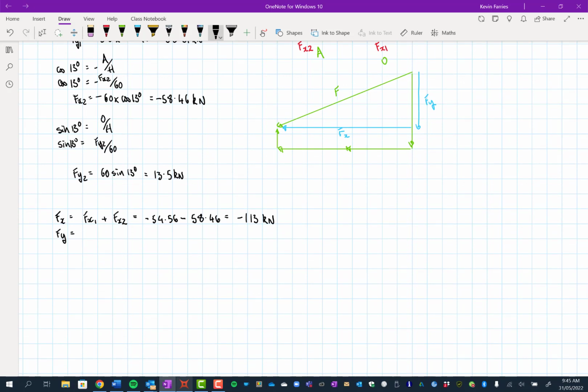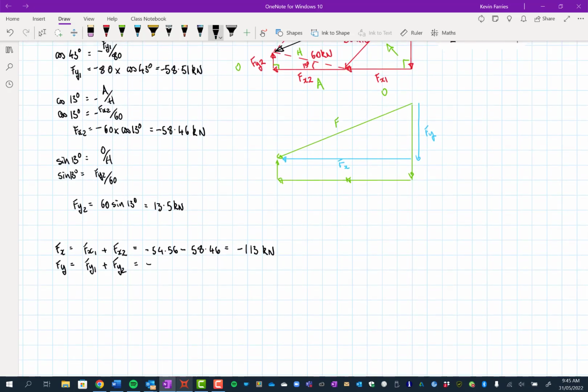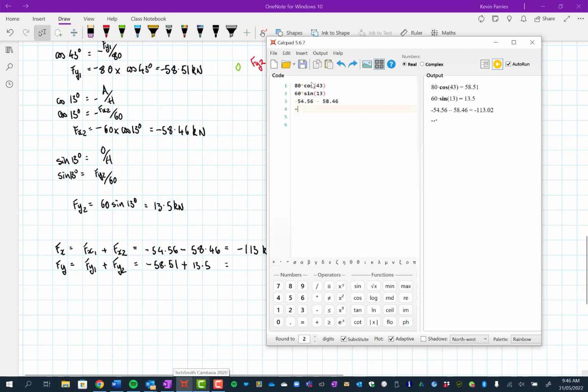Going to have to move up again. Fy is equal to Fy1 plus Fy2, which is equal to, so Fy1 was negative 58.51, so negative 58.51. Fy2, it's not negative this time, we're going back up the way, so it's plus 13.5, which equals negative 58.51 plus 13.5 is negative 45.01.